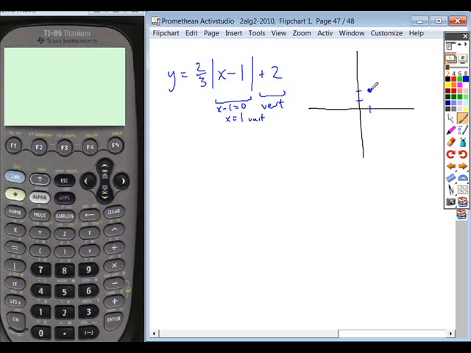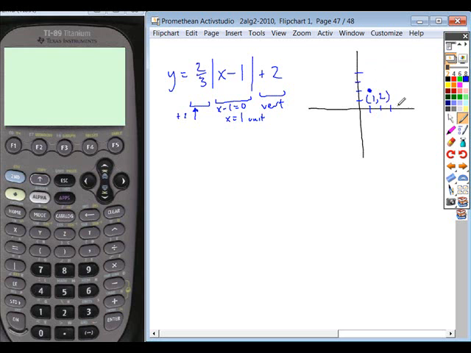Okay, is this graph opening up or down? It's a positive value in front. So it's going to open up. Okay, so here I'm going to label below. So I have the point (1, 2) is my vertex. And then when I use this slope that's written out front, my next set of points I can find: move up 2 over 3.